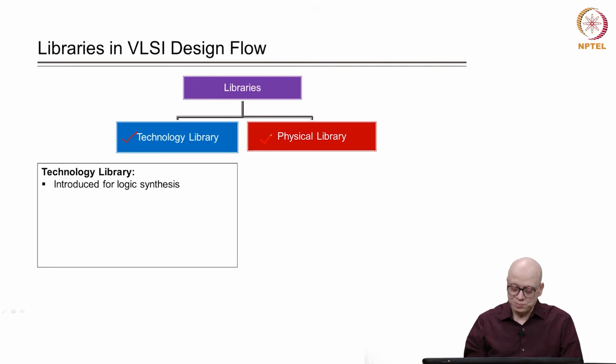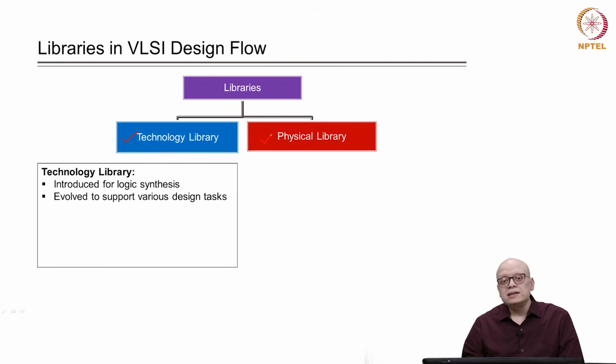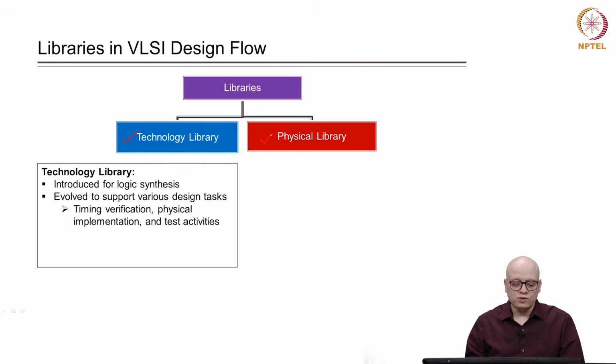But with time this technology library evolved, and it started containing much useful information for the design flow. For example, it contains information for timing verification, for physical implementation and also for carrying out test activities, which we will see later in this course. So, the technology library contains a lot of information which is useful throughout the VLSI design flow.